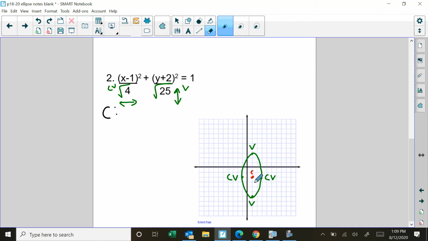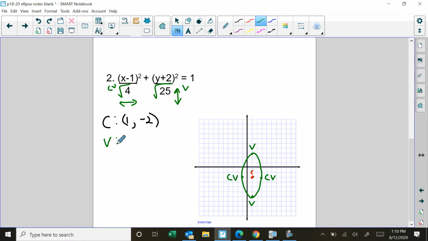All right, so let's write down what our center was. We said that that was 1, -2. Our vertices are going to be 1, 3, and 1, -6.